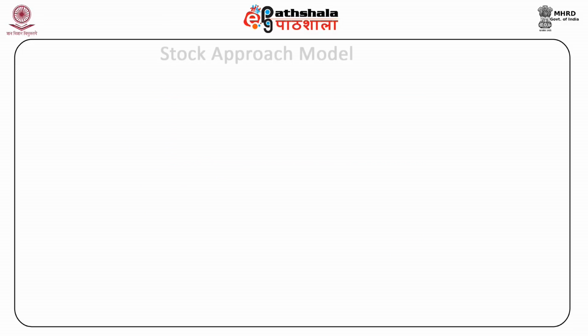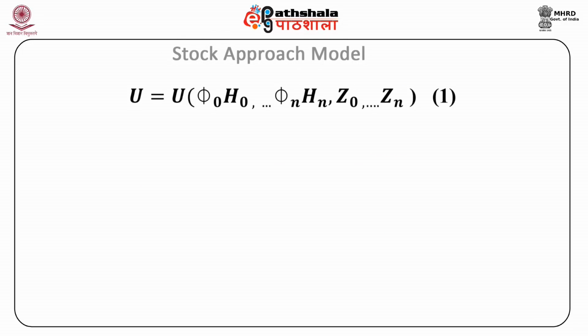In the approach, the utility function of an individual is defined as U = U(φ0H0, ..., φnHn, Z0, ..., Zn), equation 1, where H0 is initial health stock, Hi is health stock in the ith period, φi is per unit stock service flow, and φiHi is total healthcare consumption.